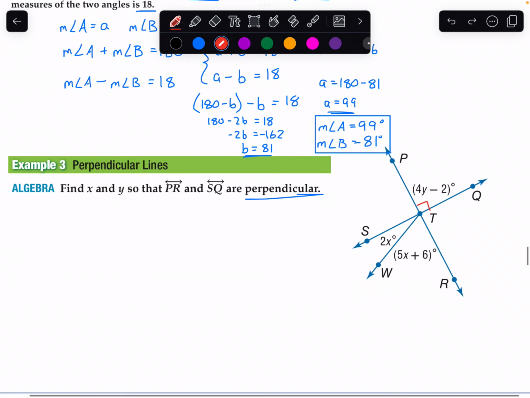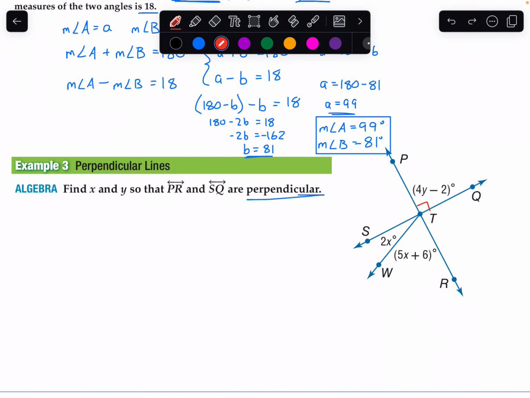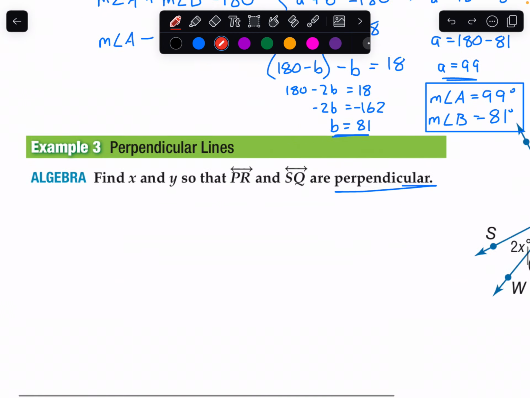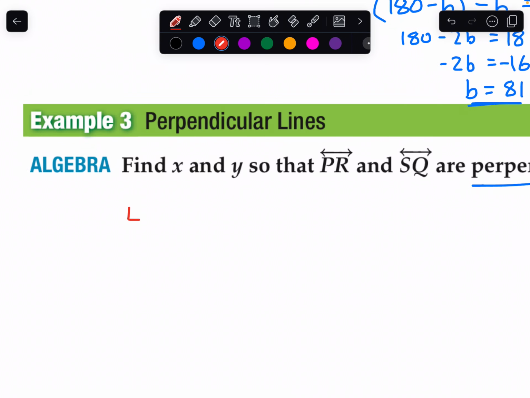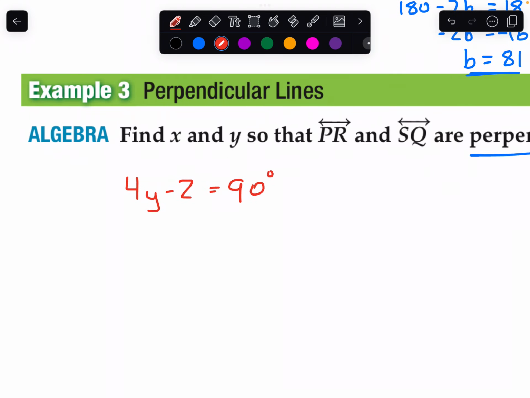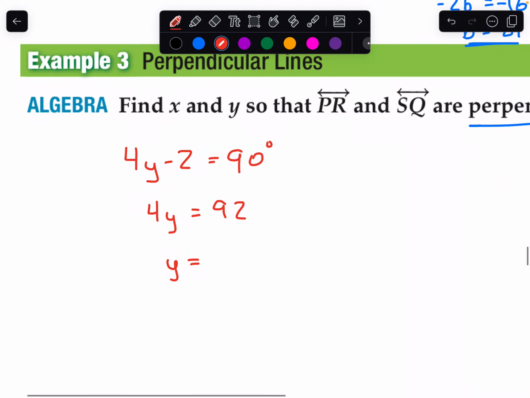I think y is going to be the easier one first, because that's already labeled there, 4y minus 2. So I know the 4y minus 2 must be 90 degrees. Add 2 to both sides. Divide by 4. Half of 90 is 45. One more makes it 46. Half of 46 would be 23. So y is 23 degrees.